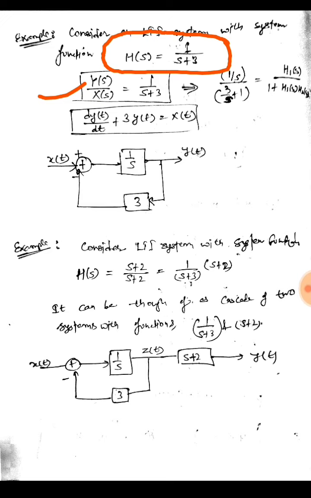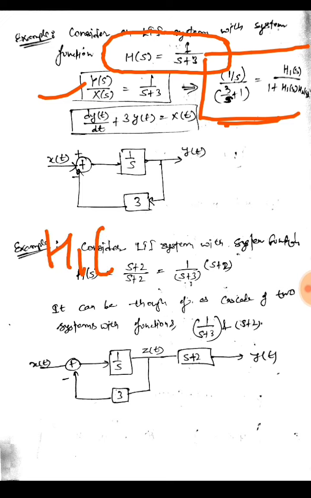I can rearrange it by dividing both the numerator and denominator by s, so it becomes 1 upon s divided by 1 plus 3 by s. If I now compare it with the feedback form, that is H1(s) upon 1 plus H1(s) into H2(s), H1(s) comes out to be 1 upon s.